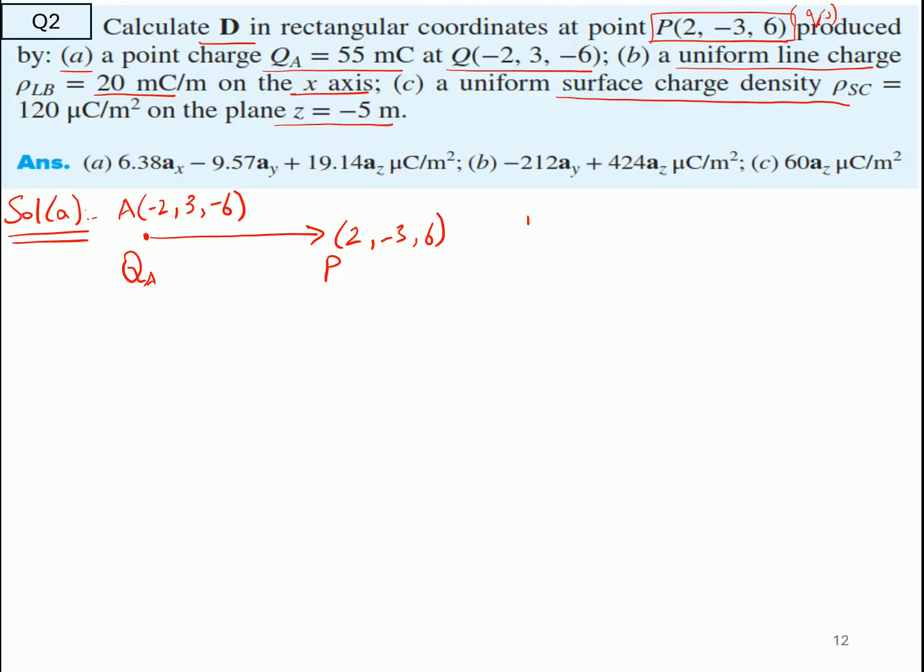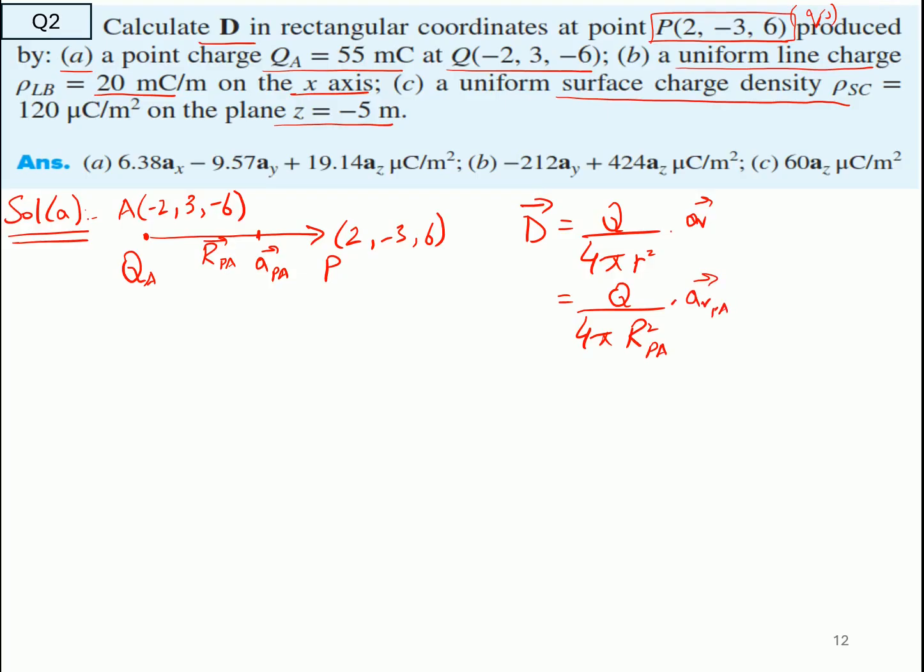I know that the electric flux density for a point charge is Q divided by 4 pi r square into the unit vector a r. This r is the distance between P and A, so this is the distance vector, and obviously the unit vector is also going to be along P and A. So I can write this as Q divided by 4 pi r square PA into the unit vector a r PA.